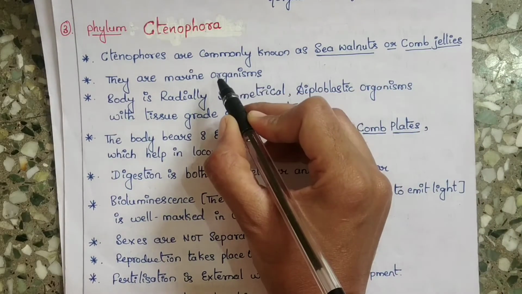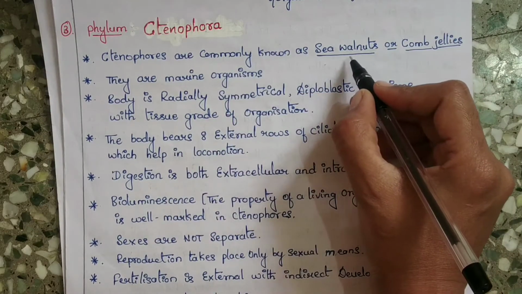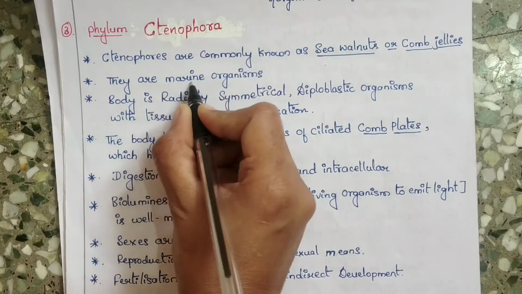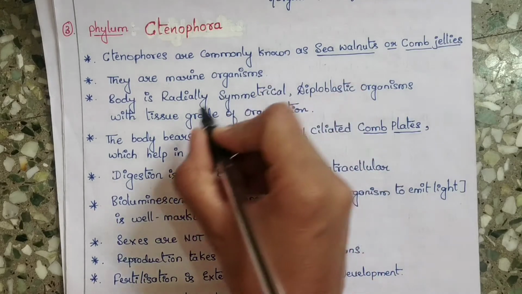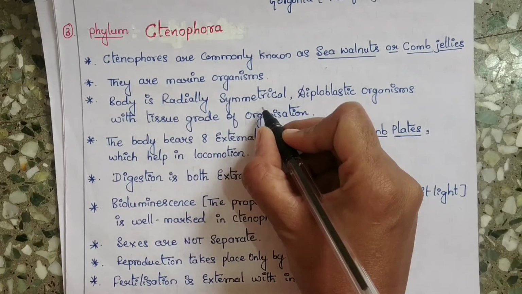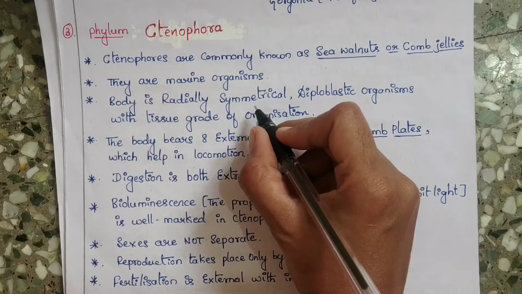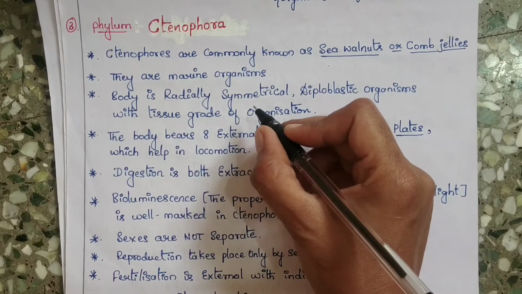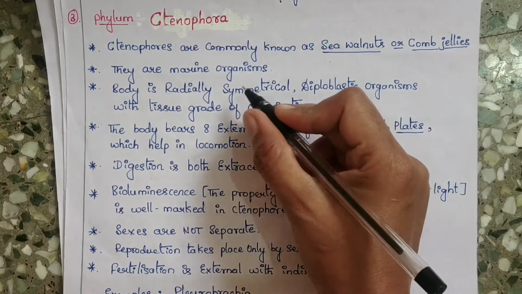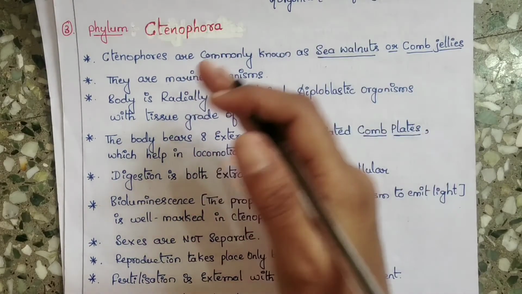As I told before, ctenophores are commonly known as sea walnuts or comb jellies. They are extremely marine organisms, and the body is radially symmetrical. So what is radially symmetrical here? Radially symmetrical means any plane passing through the central axis of the body divides the organism into two identical halves.